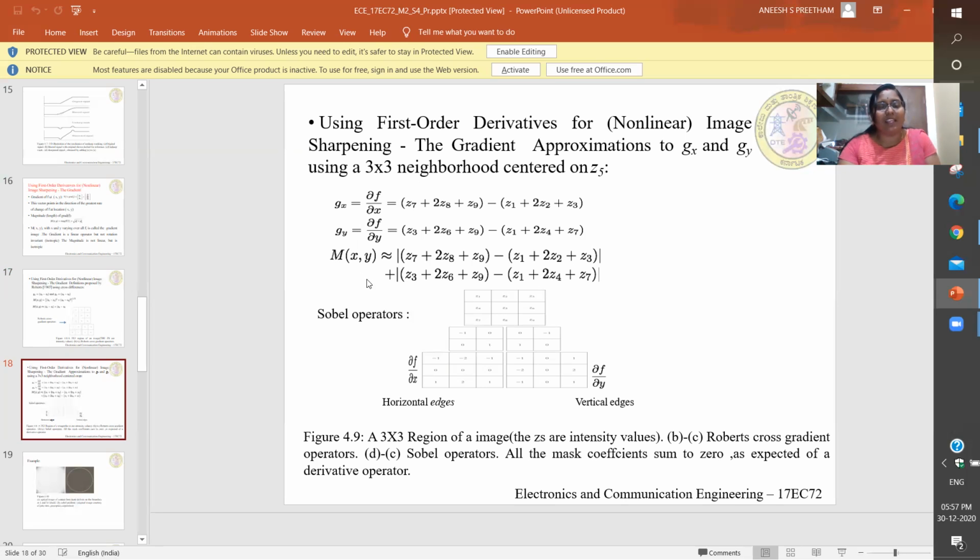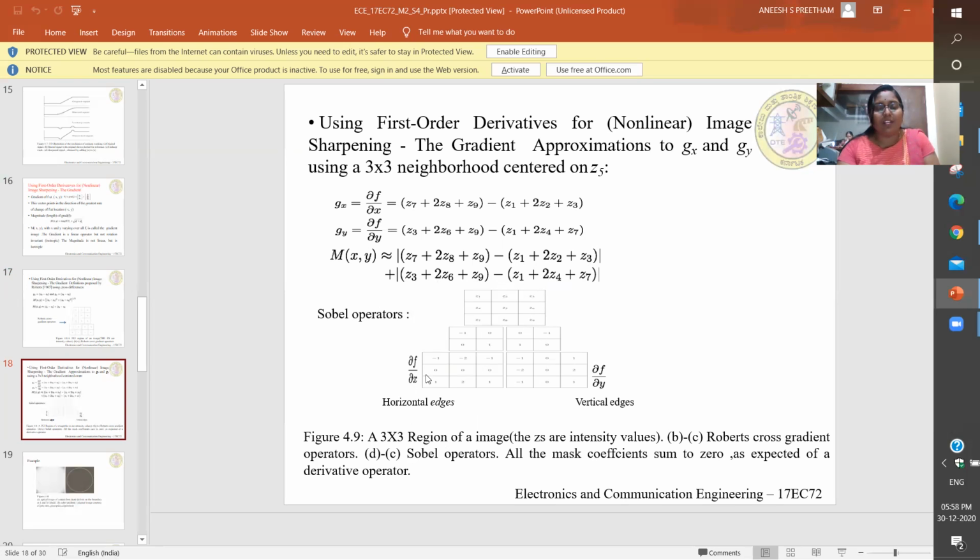M of x, y is approximately equal to the absolute value of (z7 plus 2z8 plus z9) minus (z1 plus 2z2 plus z3), plus the absolute value of (z3 plus 2z6 plus z9) minus (z1 plus 2z4 plus z7). So these are all the Sobel operators.